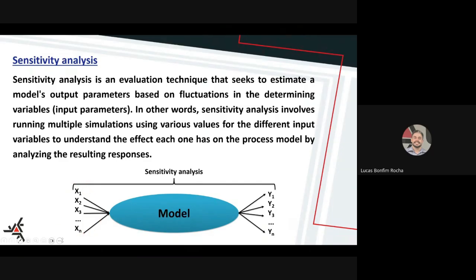I can specify the interval over which I want to vary my input variable, the range or the step that I'm using between each case, and I'm going to obtain my conversion, for example, for each one of those cases. So this is a sensitivity analysis. We are going to solve multiple scenarios using this tool without running them one by one, and you can plot these results in the file. So it's a very nice tool that we are going to learn how to use in some examples today.